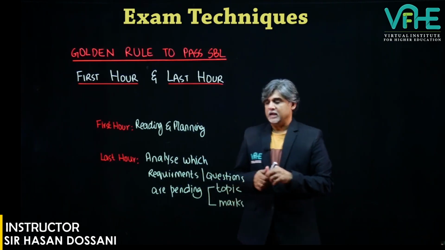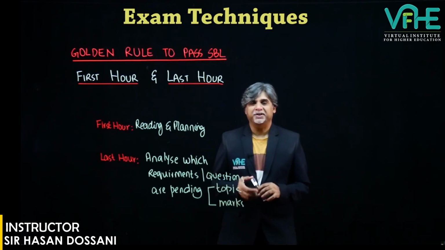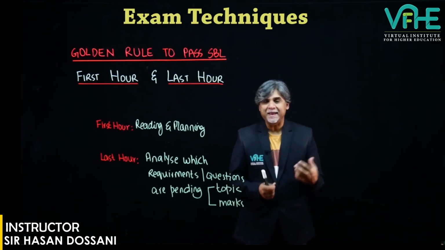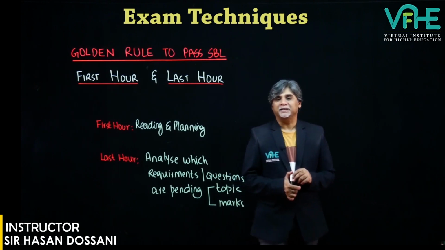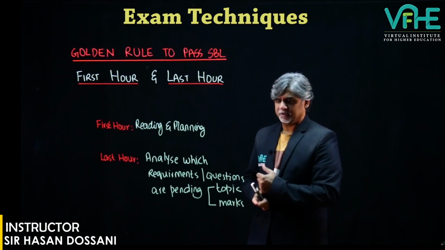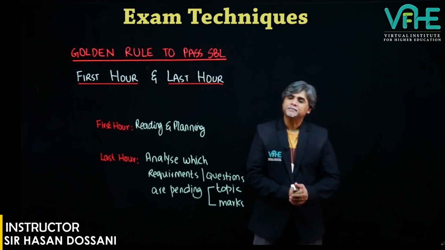So let's say in the earlier example of the December 2018 paper, the last question was question number 3A, which was disruptive technology, 18 marks, and question number 3B, which was risk management, 15 marks. 12 or 15, I'm not sure. Let's say 15.